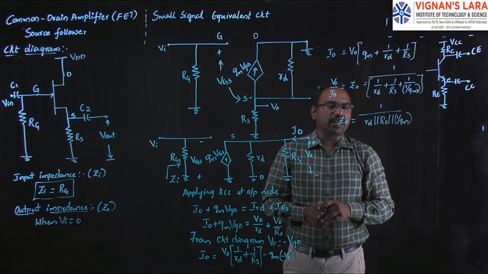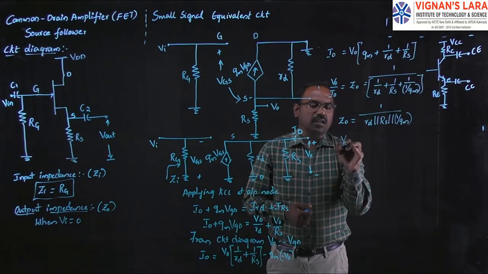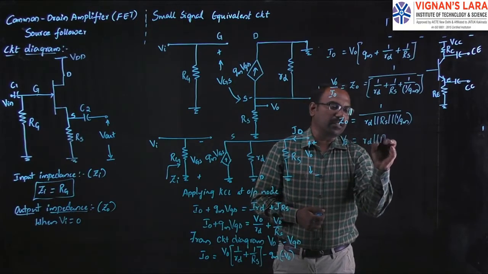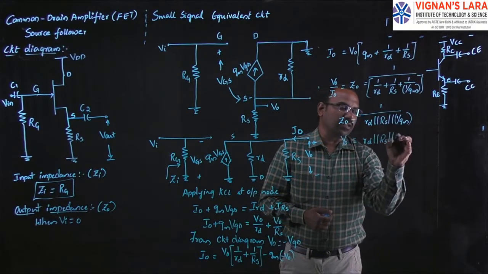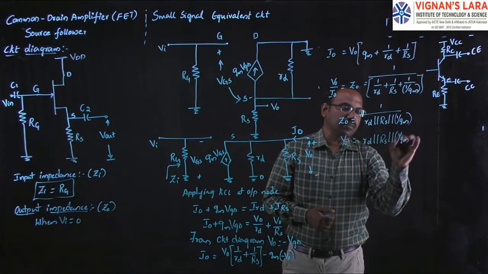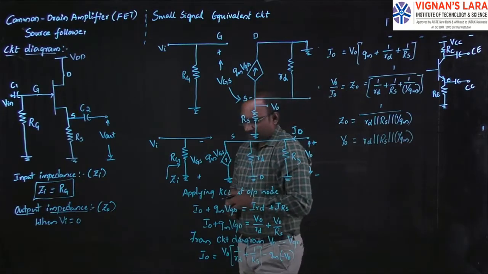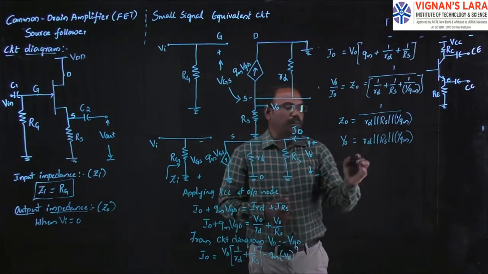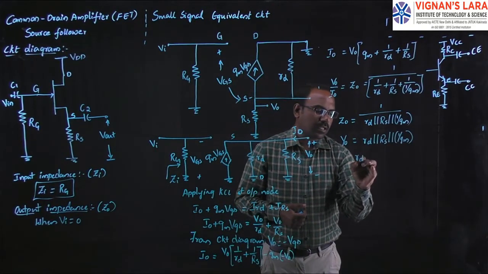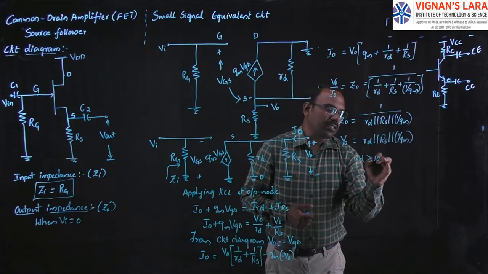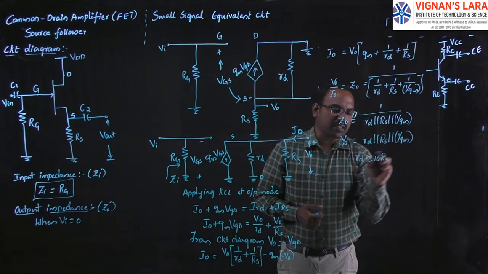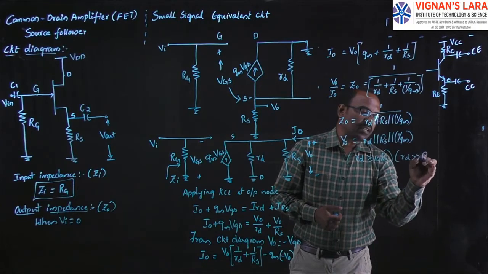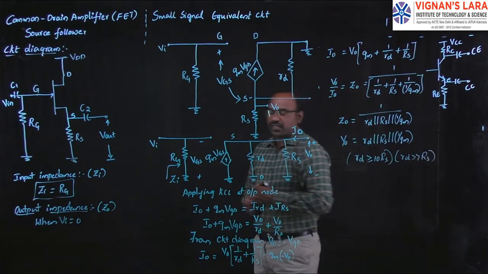If you write the output admittance, Y0 will be equal to RD parallel with RS parallel with 1 by gm. Right? Generally, RD will be greater than 10 RS. Or generally we will write RD is very much greater than RS, whatever the condition you follow.